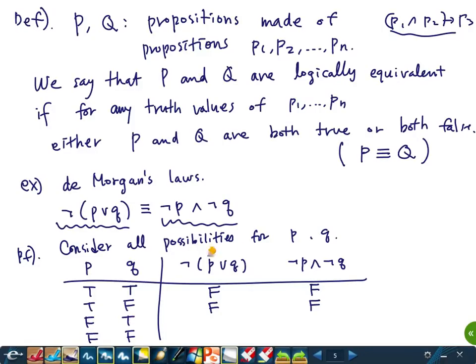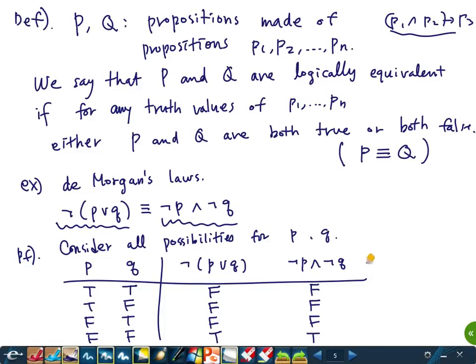So this will be true. Not true is false. True and false is false. And false and false. This will be true, not true. False, so not false will be true. True and true is true.